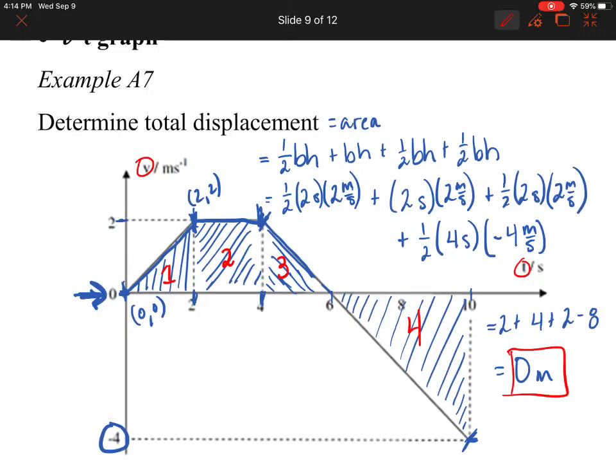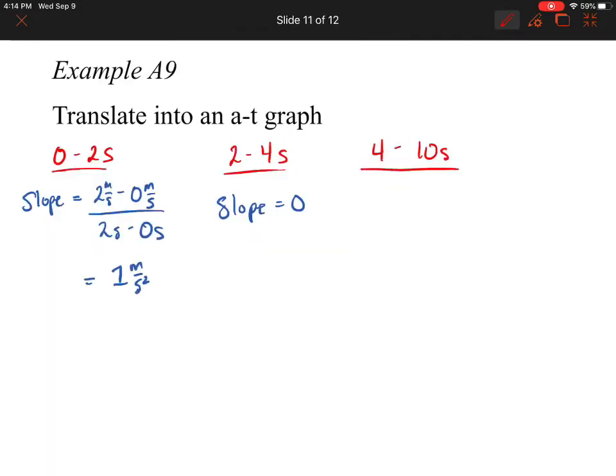So let's look at my starting and ending point there. Here at 4 seconds, that point is 4, 2. And then at 10 seconds, that is 10, -4. Okay, so I'm going to use that. My change in y should be -4 minus 2. My change in x should be 10 minus 4. Okay, so let's write that down.